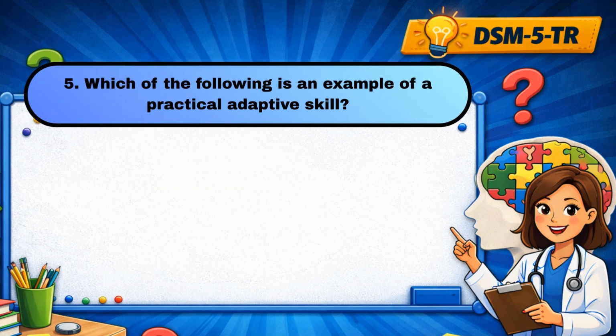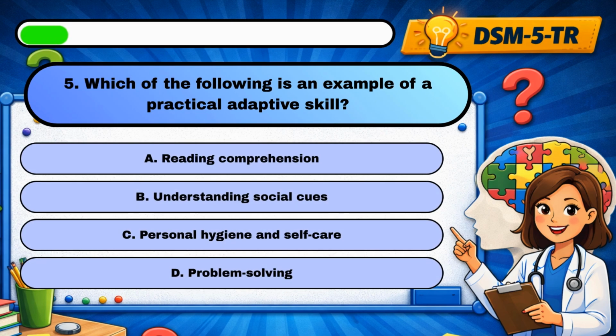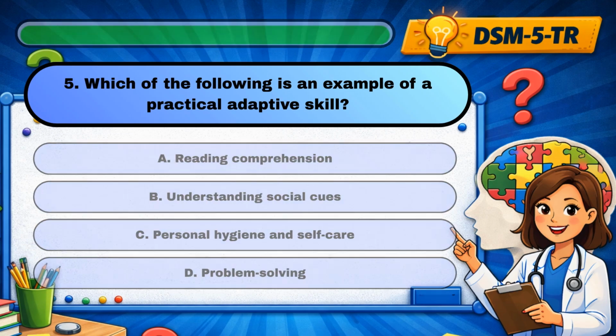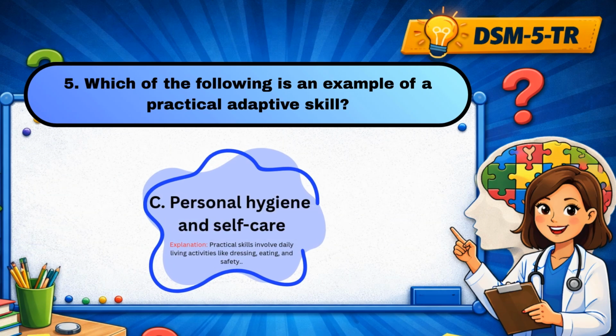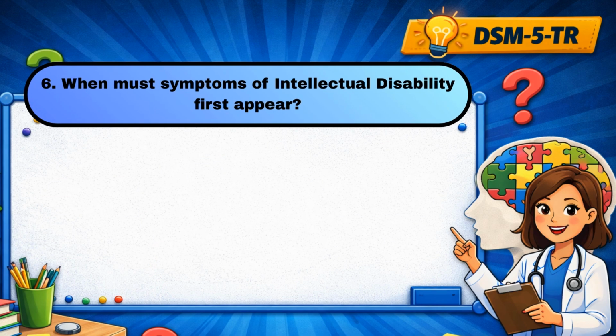Which of the following is an example of a practical adaptive skill? C. Personal hygiene and self-care. When must symptoms of intellectual disability first appear?